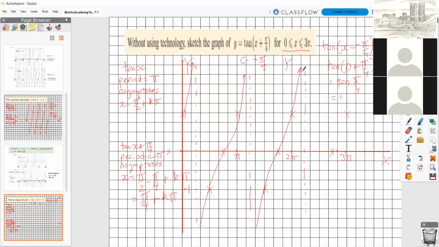Just lost my way there for a minute. And the next one should be here. And we stop the graph there because that's all the domain we want. We don't continue it on up to the next asymptote. Well, there we are. That's the graph then of tan of x plus pi on 4.